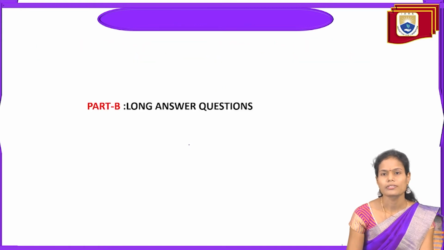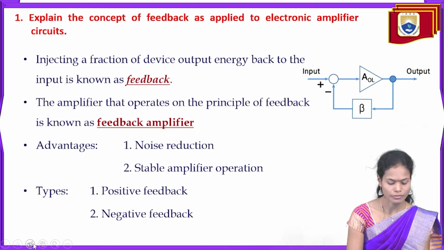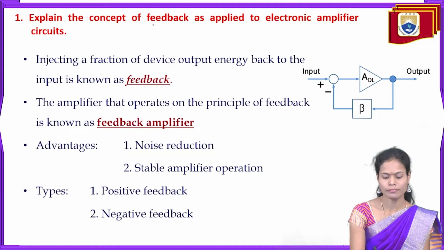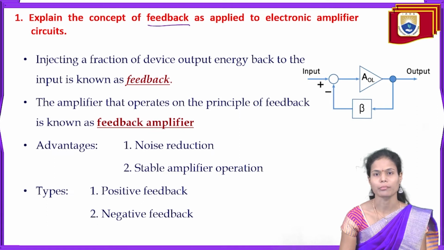And next part is the long answer questions. In the part B, first question is explain the concept of feedback as applied to electronic circuits. So generally this feedback concept we are introducing in the amplifier circuits in order to improve their amplifier parameters.